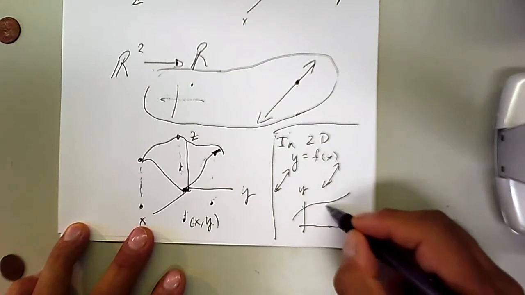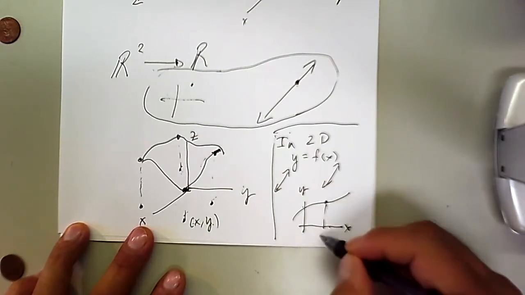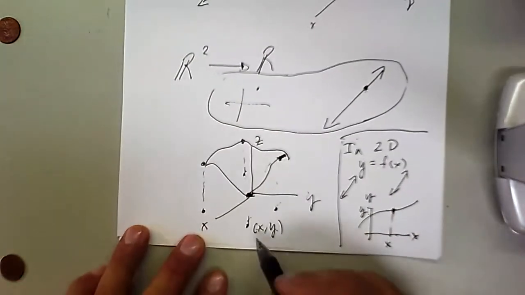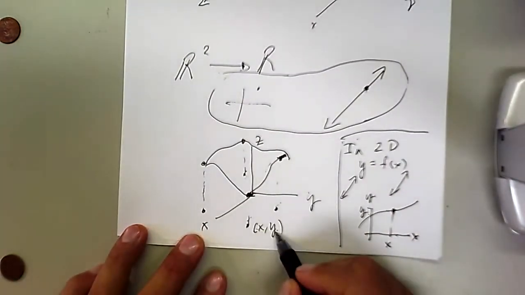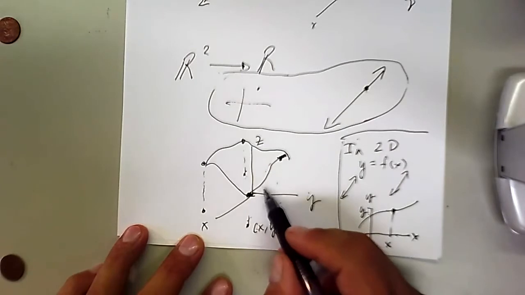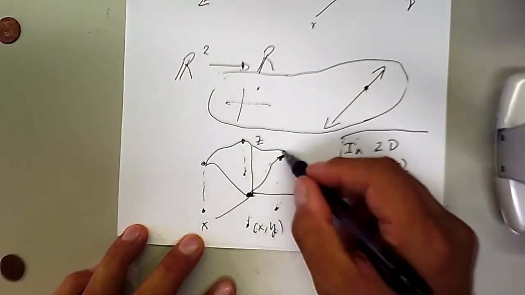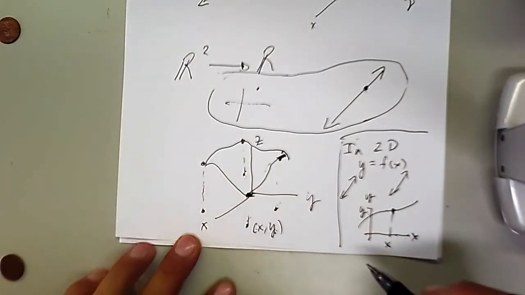So for every x value, there's the x value, we have a corresponding y value. Back here, for every xy value, we have a corresponding z value. Say this one, we have this z value.